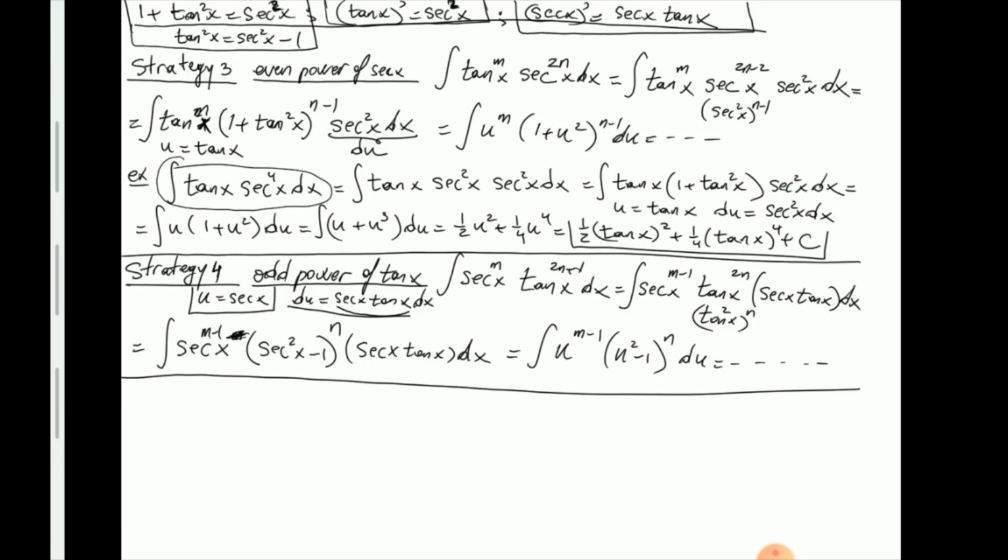Because since I have an odd power of tangent, instead of making the substitution u equals tangent, I can go by strategy 4. So again, I can take separately, let's do this, the same example.